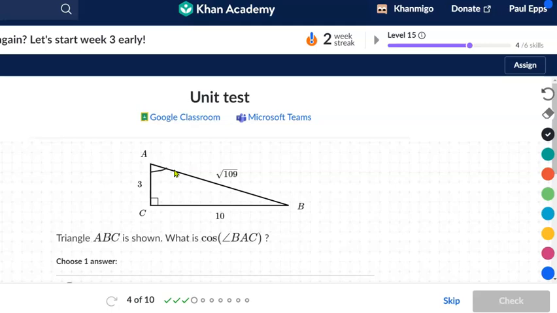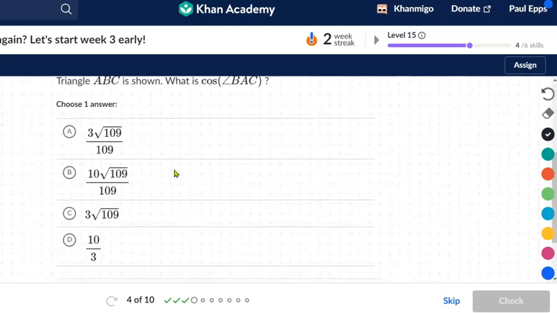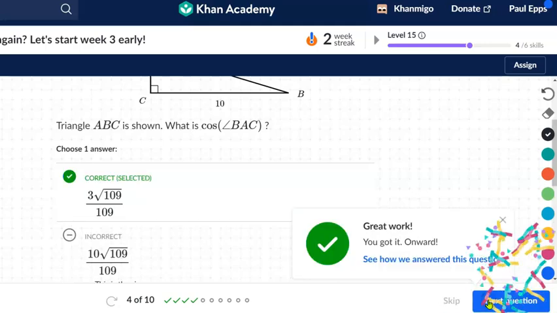The adjacent side is 3, and the hypotenuse is the square root of 109. So we've got 3 over the square root of 109. Nothing looks exactly like that, but if you multiply the top and bottom by the square root of 109, you would get 3 times the square root of 109 over 109. So let's go with A.